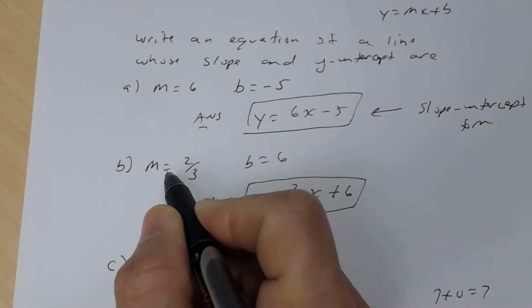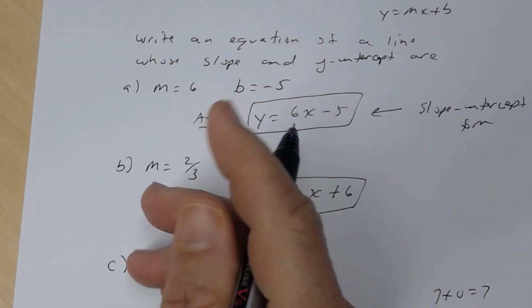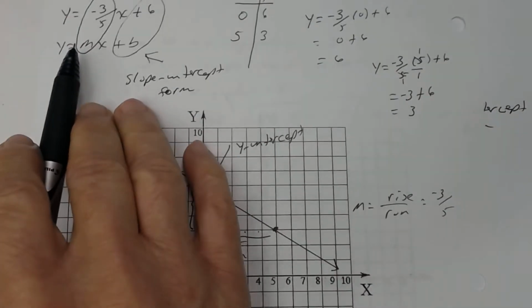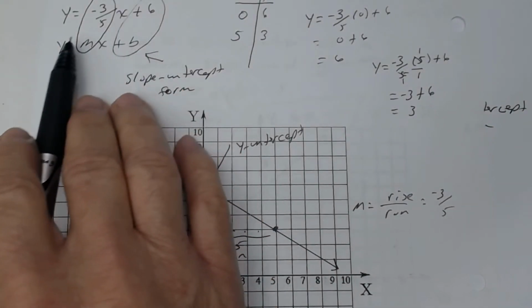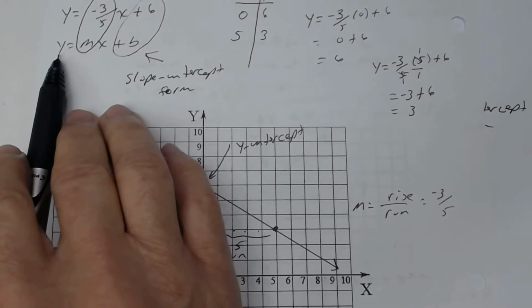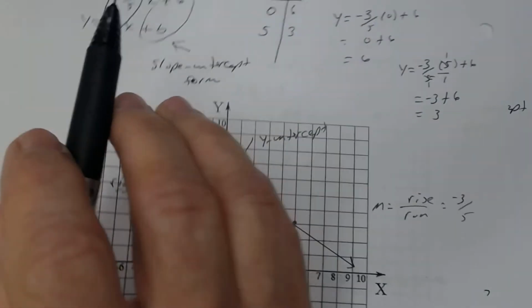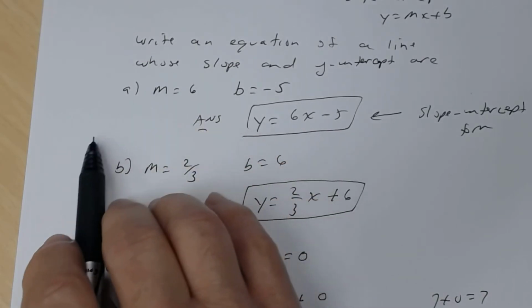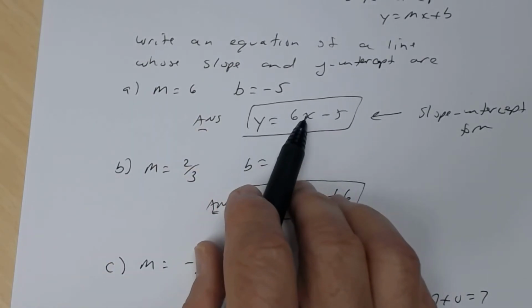Remember, we talked about earlier that if the line is falling or rising, you're going to end up with an equation, a linear equation in two variables. You're going to see a y and you're going to see an x. So notice the slope is 6, the line's rising, you see a y and an x.